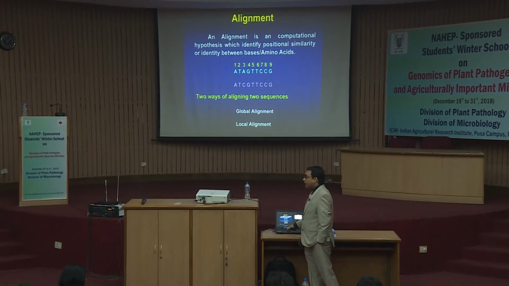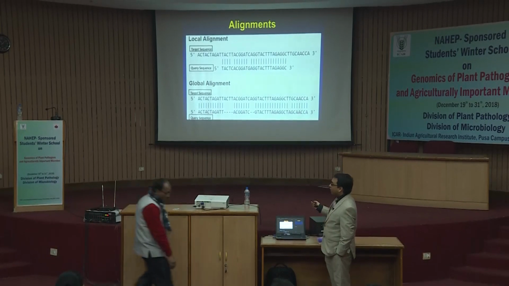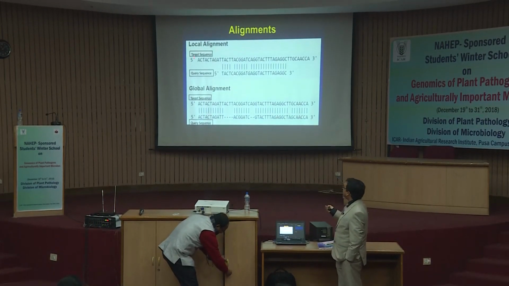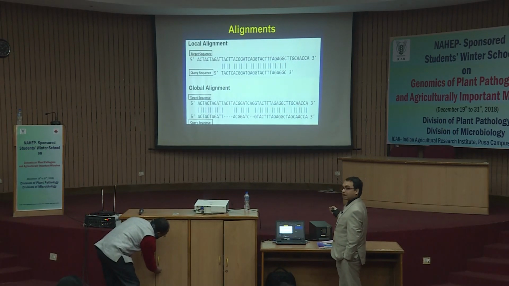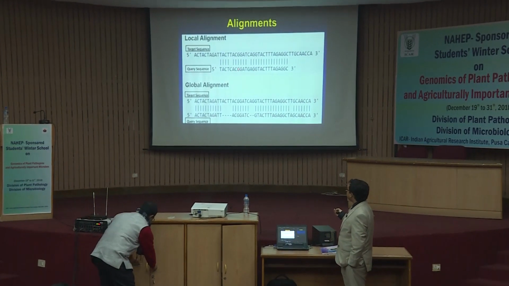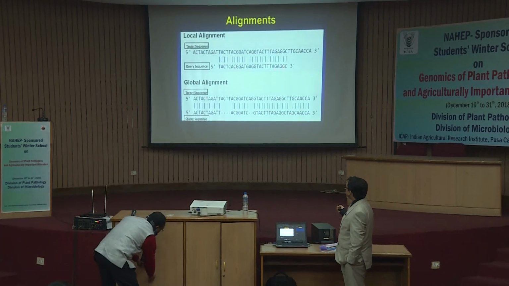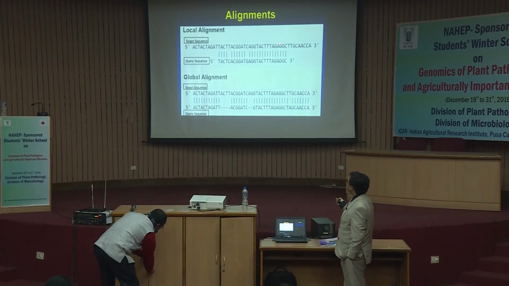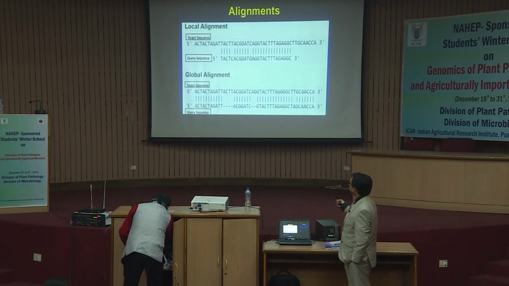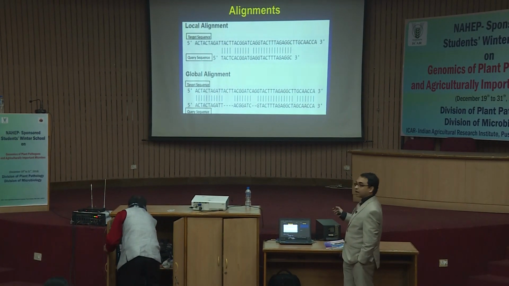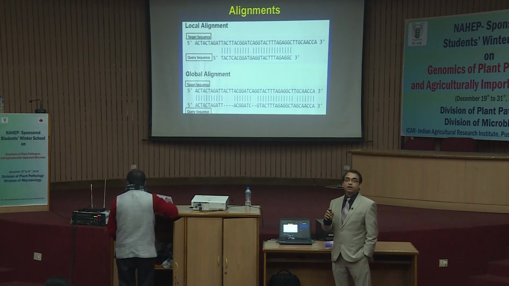So, what is global alignment and local alignment? For example, if this is one sequence and another sequence is there, but in these 2 sequences there is only one stretch of sequence which is showing similarity or identity with the other sequence. The other stretches of both are not showing similarity or identity.